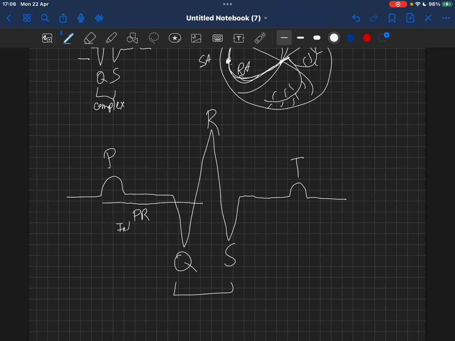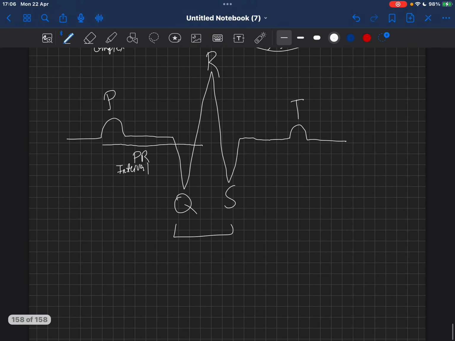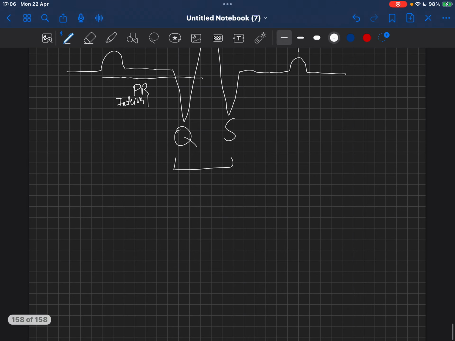Here is the interval. This is called the PR interval. It's an interval that is involved in some pathologies in the heart. There is prolonged PR.